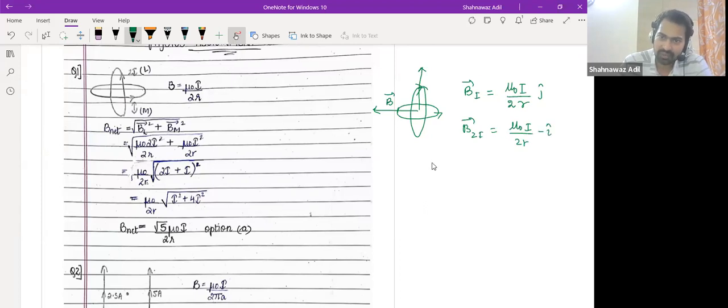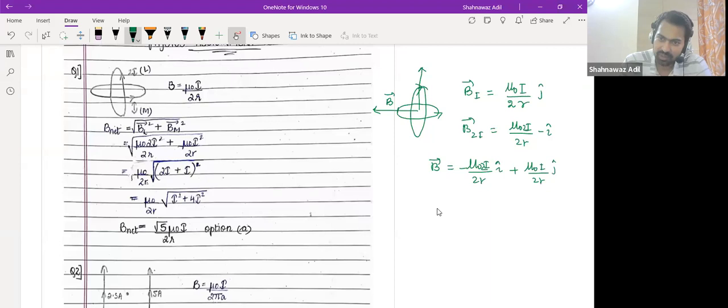So if I calculate the magnetic field, this would be mu naught I by 2R minus i, plus mu naught I by 2R j.